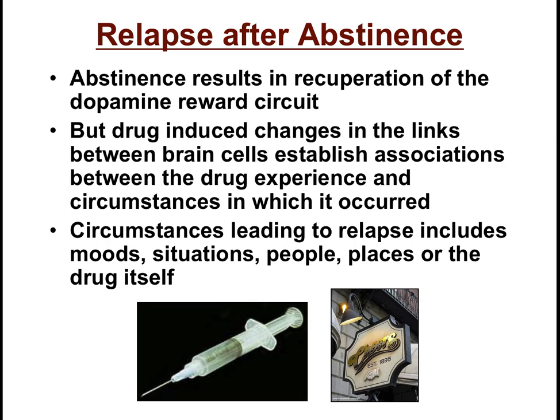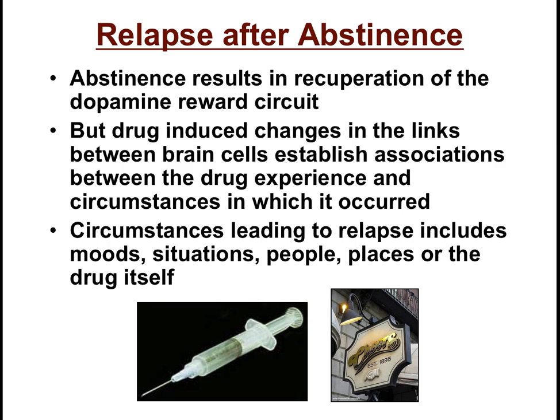Now, people can stop taking these drugs. Now, this isn't going to be easy, because your body remembers what it felt like to have these drugs in your system. And as an evolutionary adaptation, you learned that when you did this certain action, take this drug, for example, you had this strong dopamine release that felt so good.